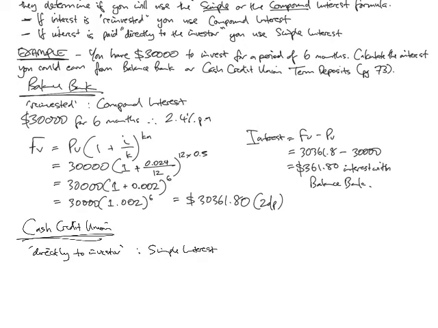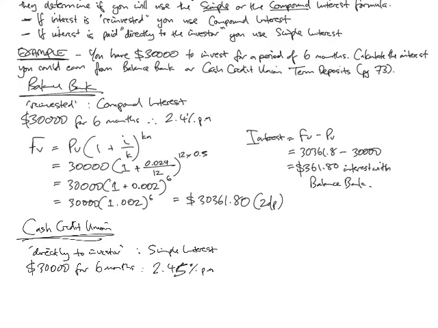So if you're investing 30,000, we're going to be in the middle column again. For 6 months, it's going to be 2.45%. 30,000 for 6 months, it's slightly different, 2.45% per annum.